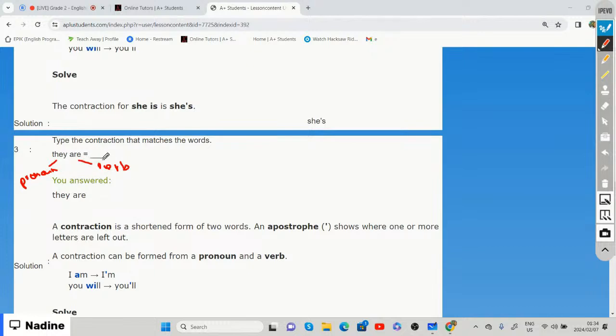If we have a contraction which shows that we are forming a shortened form of two words, then it means that our pronoun is going to be the same, which is they.